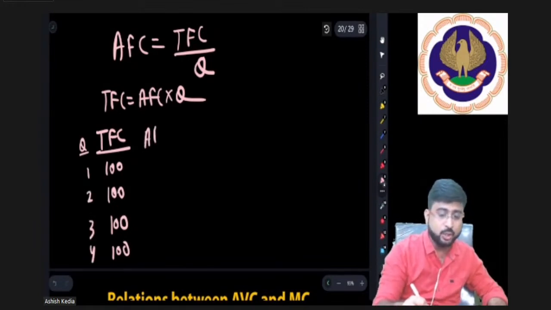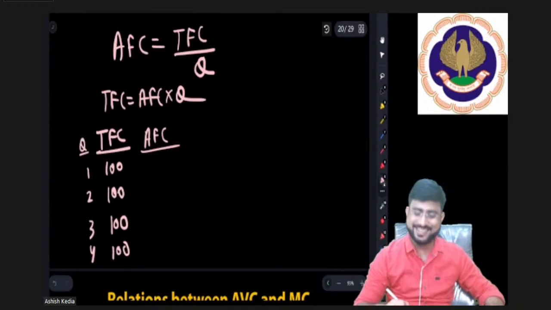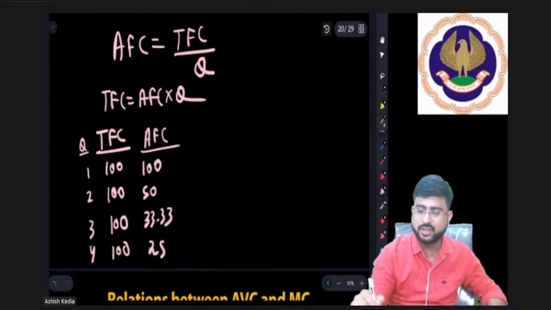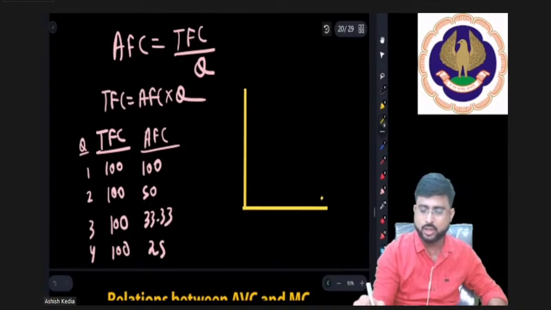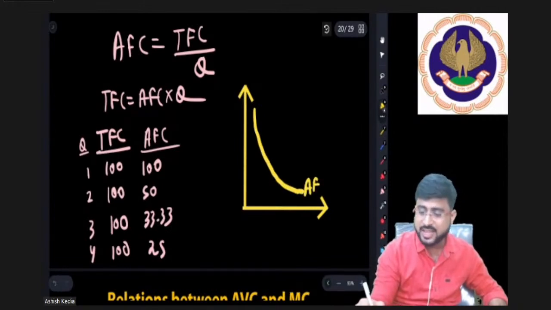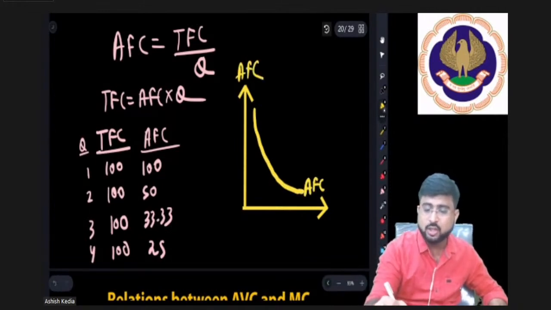So what is happening to average fixed cost? 100 by 1 is 100, 100 by 2 is 50, 33.33, and then 25. So in all these cases, AFC is constantly falling. But will it touch the axis? No. AFC will not touch the axis.